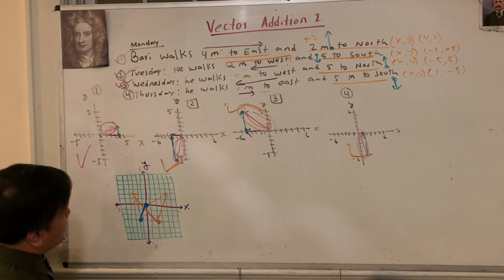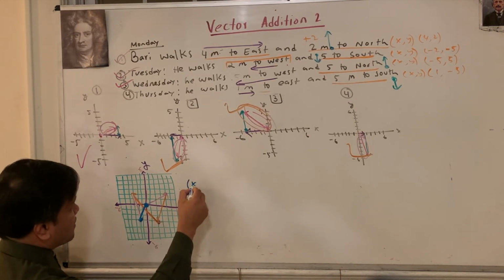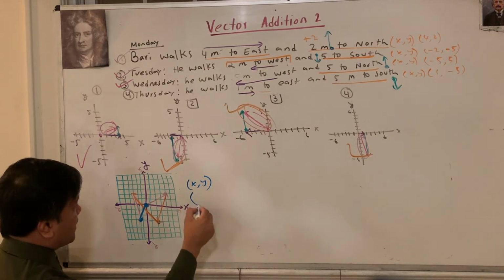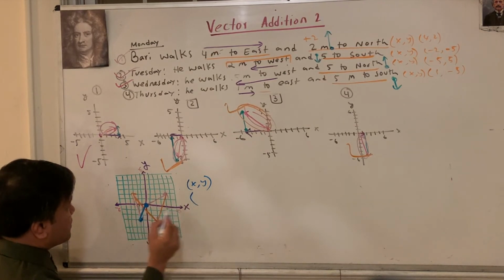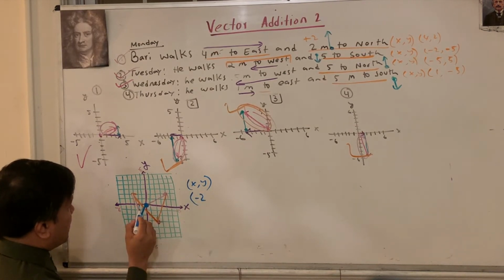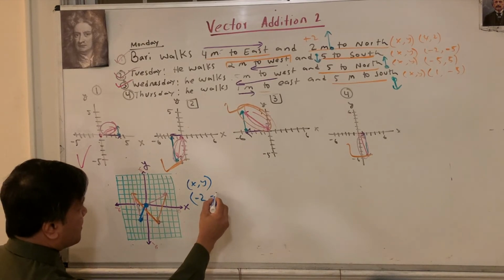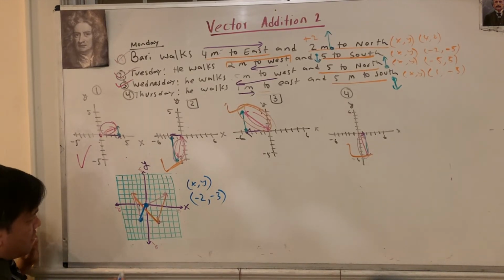So let's see, what is this one? So 1, 2. So this one is 1, 2. So -2. So x, y. So x is 1 and 2, -2, 1, 2, and 3, -3.